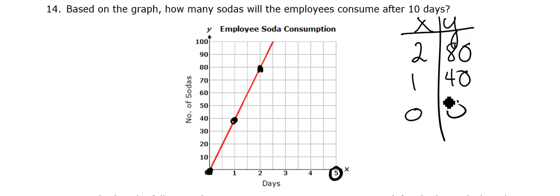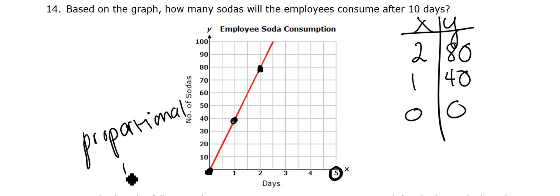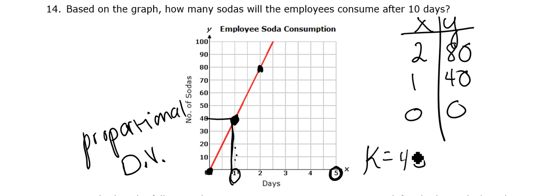So what I have is a proportional relationship here, or a direct variation. That means I also can have a unit rate. So my k value, or what y is when x is 1. So here's my unit rate here at 40. So k equals 40. That means I can also have an equation of y equals 40x.